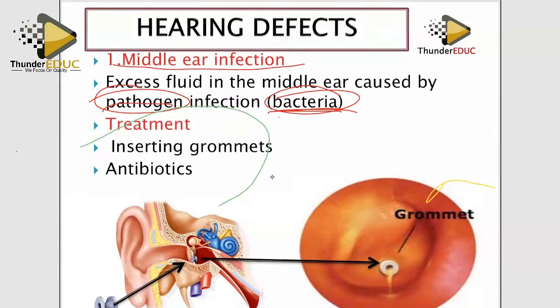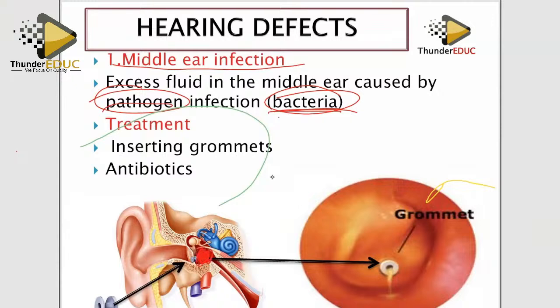And guess what? This pathogen is so bad in such a way that it's going to cause the ear to start accumulating a fluid, a pus. That fluid is smelling badly. So it means that the fluid accumulates there.